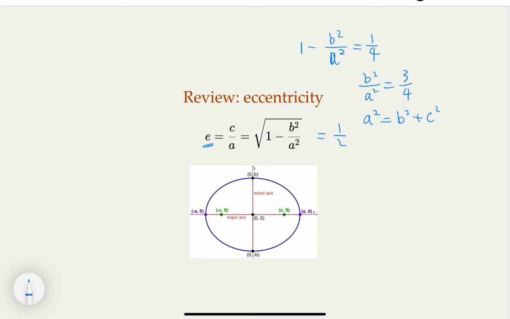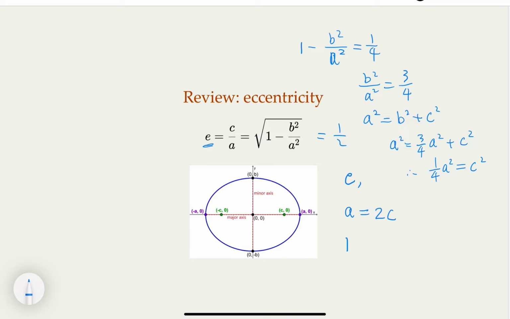So if we have c, we want to express a and b in terms of c. When you plug in, b squared is equal to 3/4 of a squared, plus c squared, and then what you get is 1/4 of a squared equals c squared. So in other words, a equals 2c.